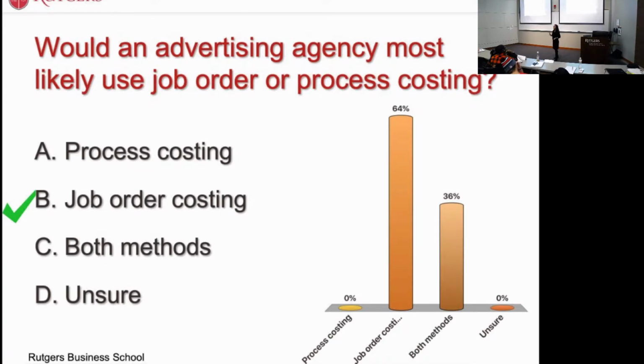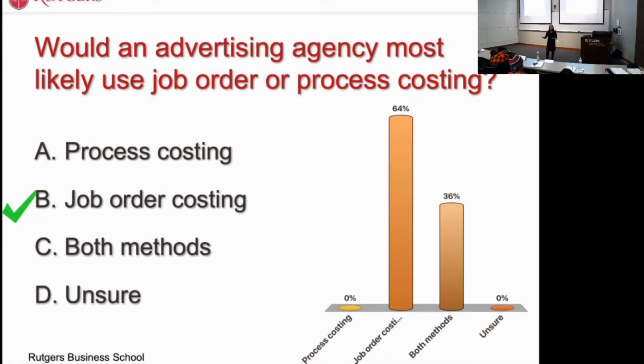Okay. So can it ever be process costing if it's a firm that only provides services? In your textbook, the definition of job order costing or process costing says that they are used to accumulate product cost. That's not an accurate way of saying things because they can also be applied to service firms.